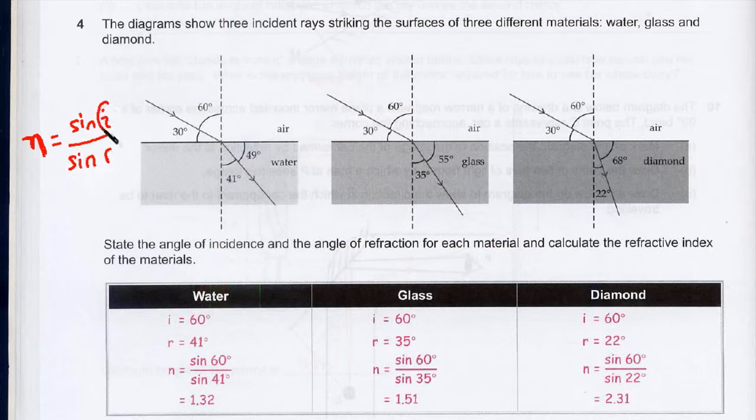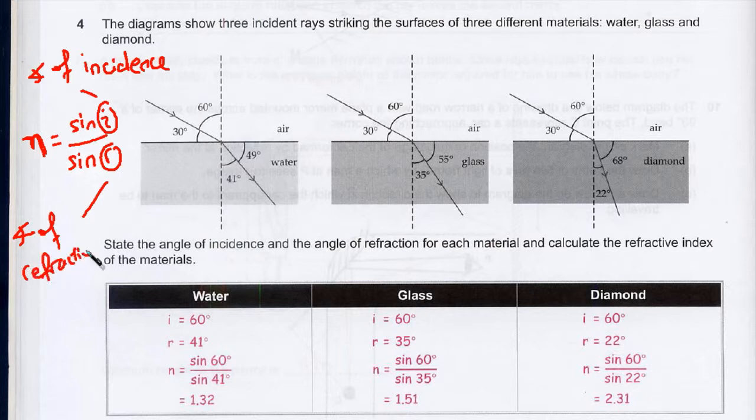I is the angle of incidence, while r is the angle of refraction, and n is the refractive index.